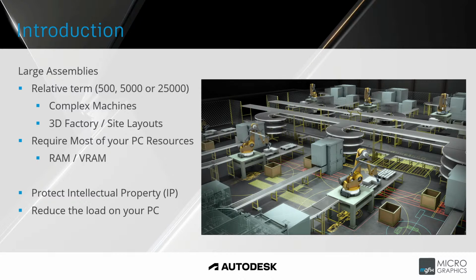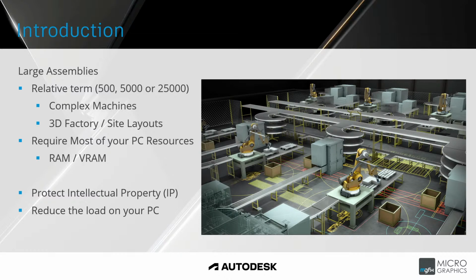So you might see that when you're running idle, you may only have 4 gigs, 5 gigs of RAM in use. But as soon as you open your assembly, that RAM in use will spike. Depending on the size of the assembly, how many components there are, that will determine how much RAM is used up. And of course, if you have multiple large assemblies open, that's going to start filling up.